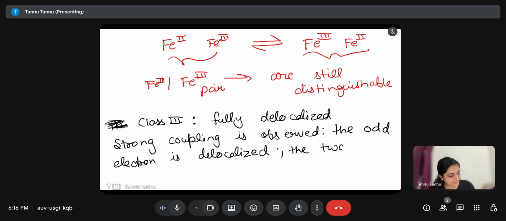The two metal sites are spectroscopically indistinguishable.